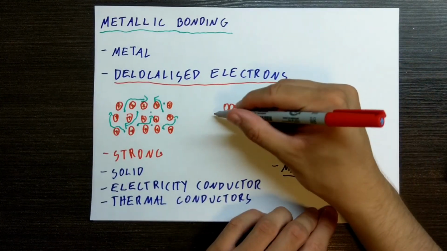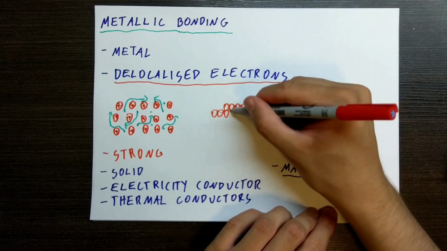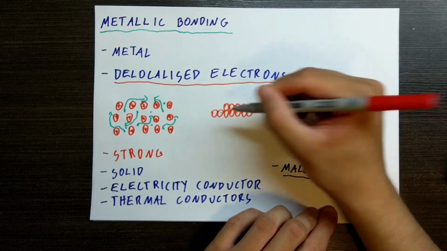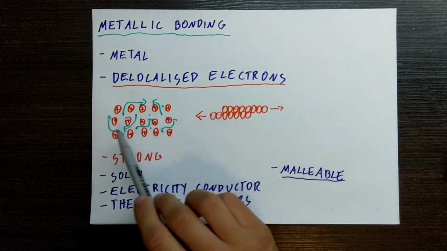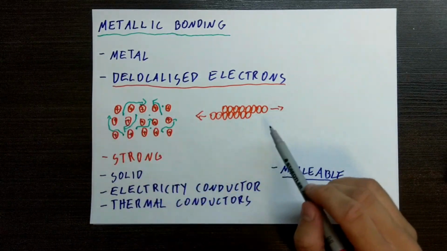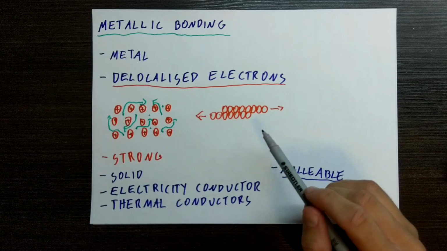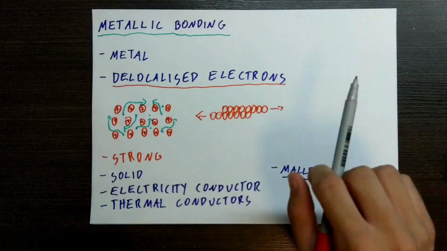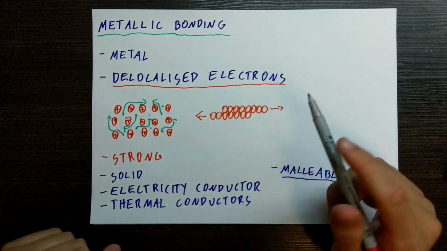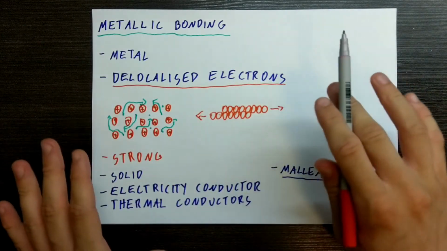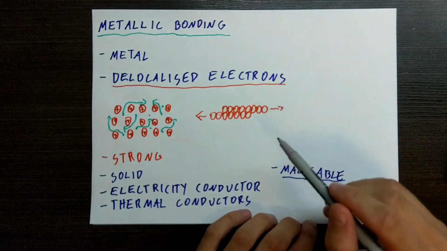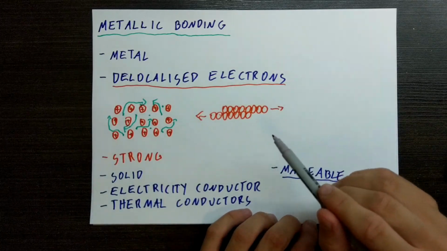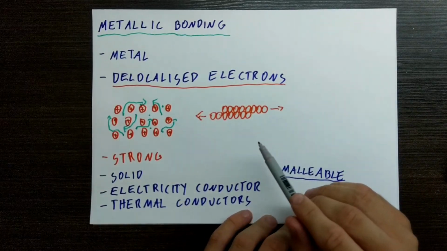So this one can go there, and then this one here can go like this. So metals are malleable because these atomic nuclei can slide over each other very easily, and therefore we can stretch these metals, we can hammer them into shape, we can roll them, we can make them into sheets. We can do a lot of things with metals without breaking them. That's what it means that metals are malleable.